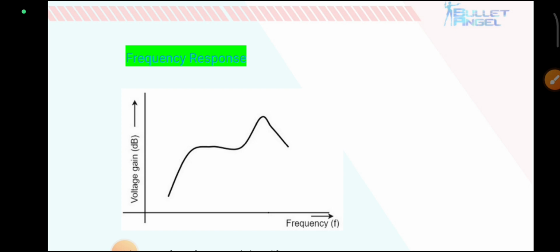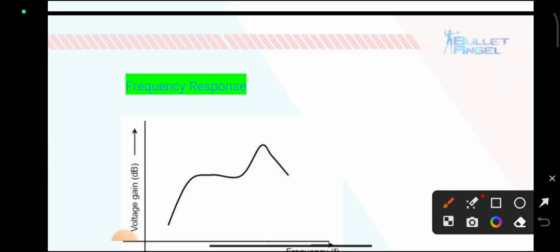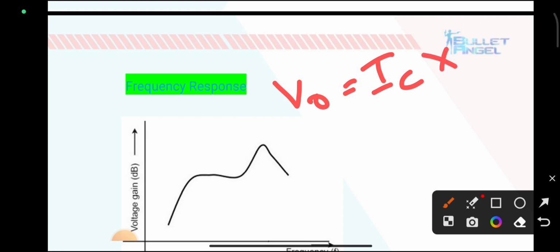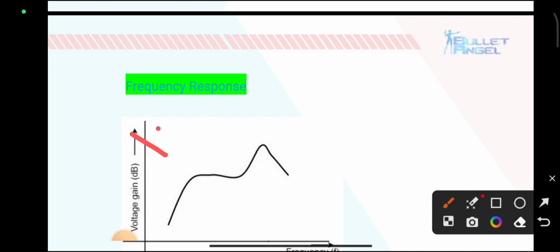The gain mainly depends on the output voltage. The output voltage Vout depends on the collector current IC and also XL, the impedance of the inductor of the primary coil. XL is directly proportional to frequency: 2 pi f L.